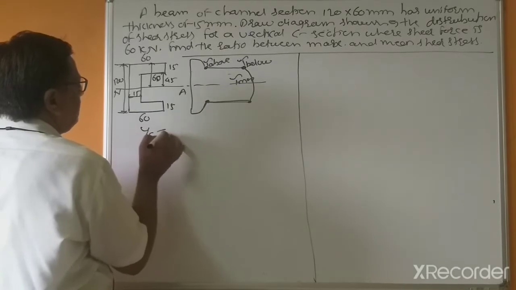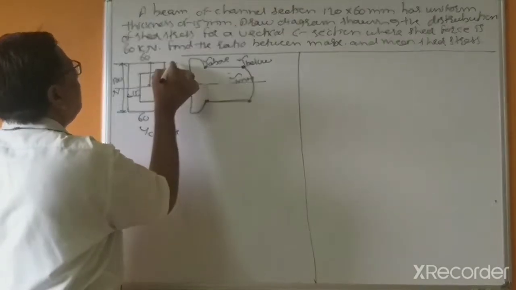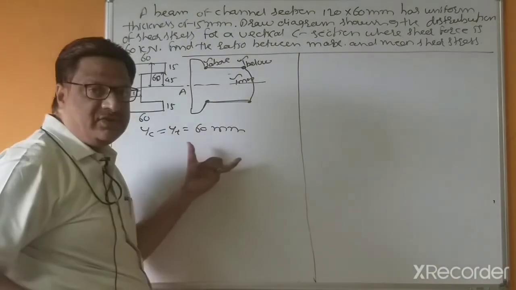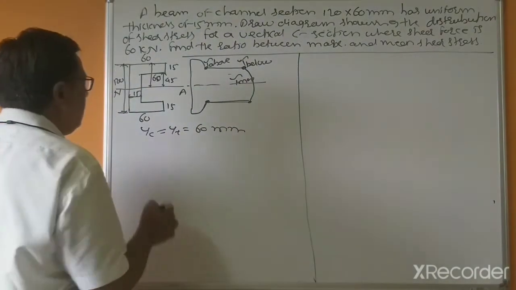So YC equal to YT, because this is symmetrical. So that's why this is 60 mm.